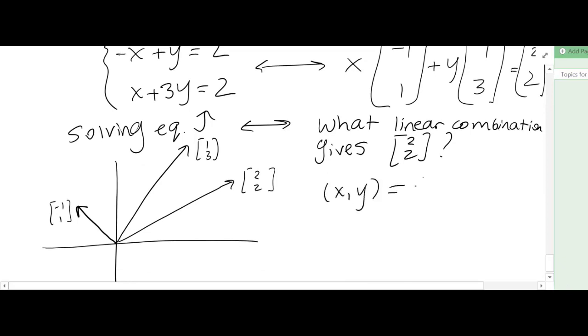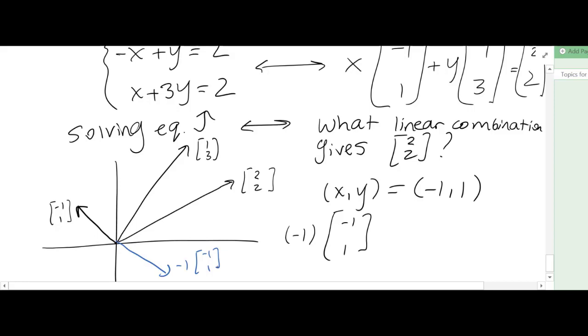So x, y is negative 1, 1, which means we can take negative 1 of the first column, which looks like this. So this is negative 1 of the first vector.